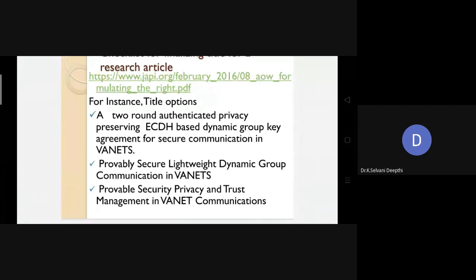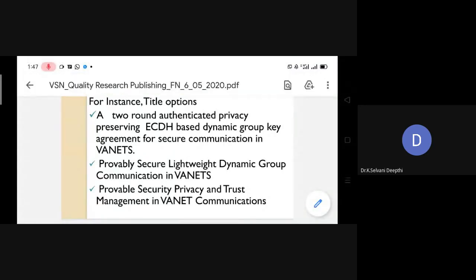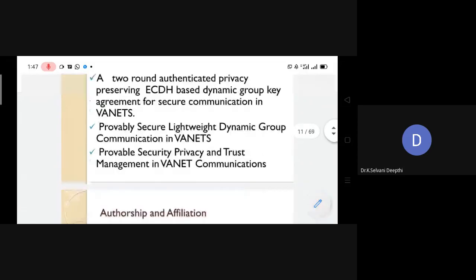Make it as short as possible. In the third title, dynamic group key agreement is also not there, so I made it even shorter. Security, privacy, trust: these three are very, very important. Security is there, privacy is there, trust is there. Management in VANET communication. So this is the best title out of these three. I have given an example from our case study.